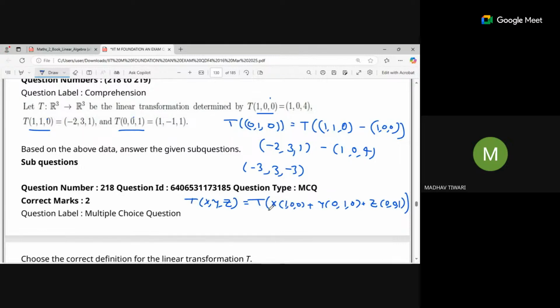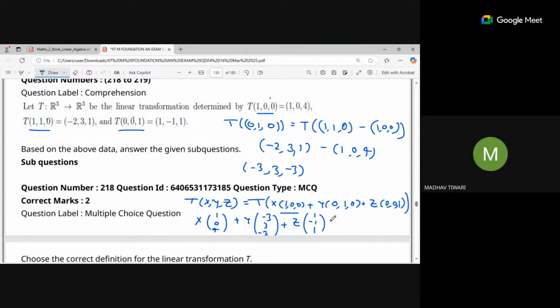So it will be x times the transformation of (1,0,0), that is (1,0,4), plus y times the transformation of (0,1,0), that is (-3,3,-3), plus z times the transformation of (0,0,1), that is (1,-1,1).